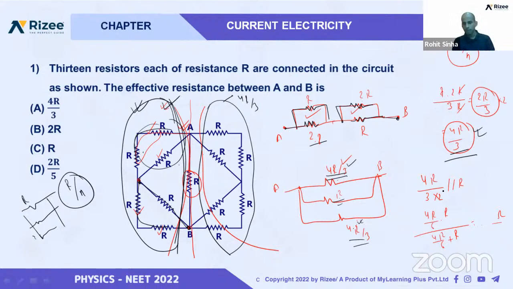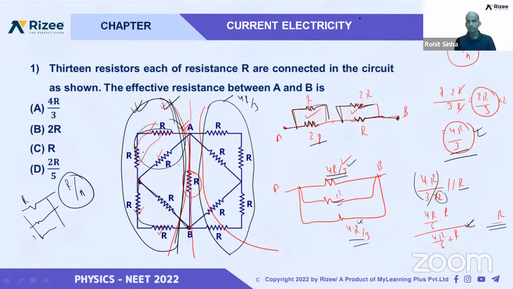So we have written 4R by 3, the resistance value, divided by 2, and this is in parallel with R. We have applied the value of their grouping, seen here as 4R by 6, and applying this you will get the answer.